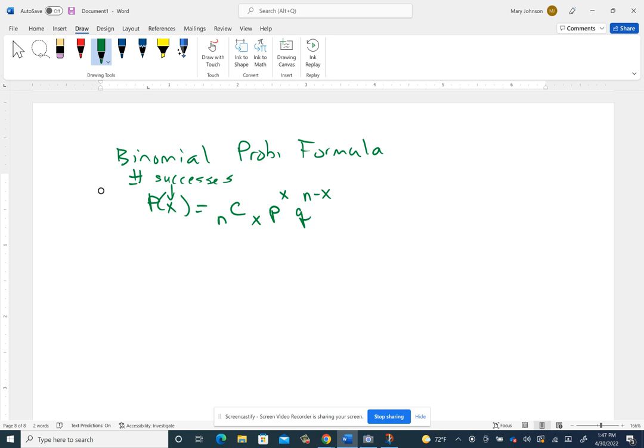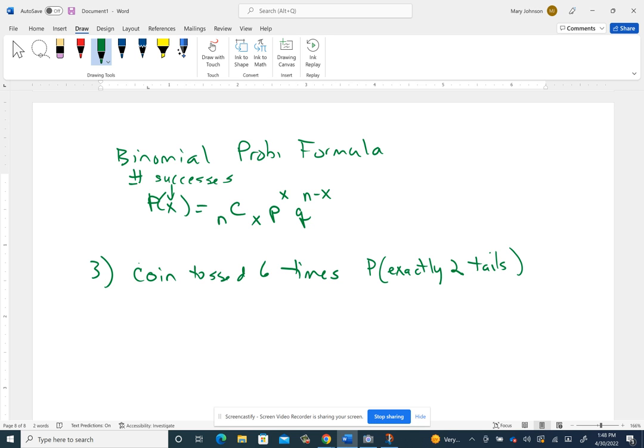Okay. So some questions we had on that would be ones like a coin is tossed 6 times. This is question number 3. Okay, a coin is tossed 6 times. Find the probability that exactly 2 are tails. What's the probability exactly 2 are tails?